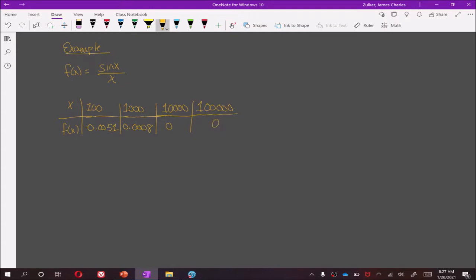So we can say limit as x is approaching infinity, I'm not going to rewrite the function, just f of x appears to be 0. So notice that even though the function is oscillating, it's bouncing back and forth between positive and negative values, the absolute value is steadily approaching 0.